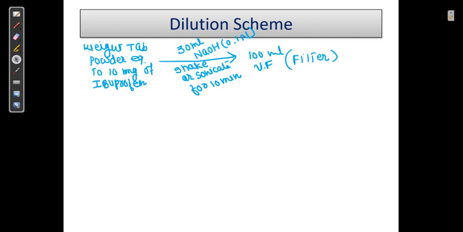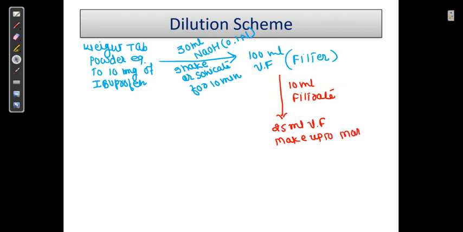Then from the filtrate you get, take 10 ml filtrate into a 25 ml volumetric flask. Make up to the mark with 0.1 normal NaOH. Then further take 4 ml of solution and transfer into a 10 ml volumetric flask.